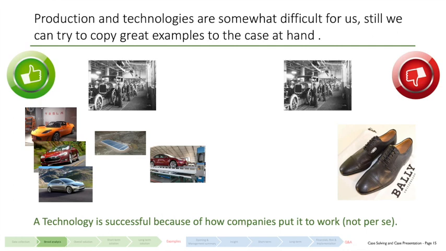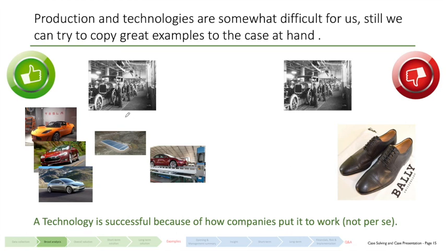I know that production is a little bit difficult for business people, but nevertheless, there are a lot of things that we can actually learn and apply, at least for certain cases.